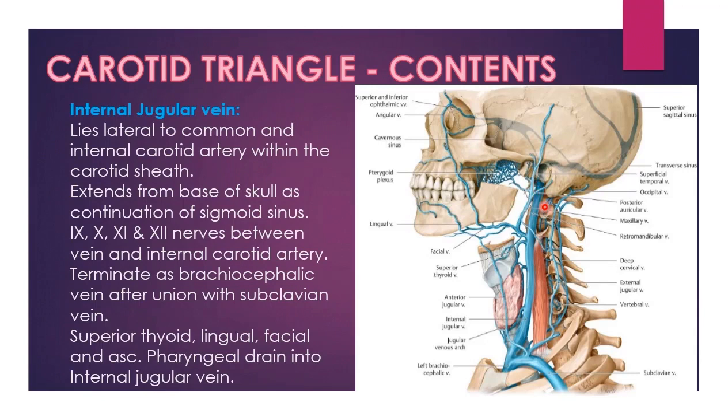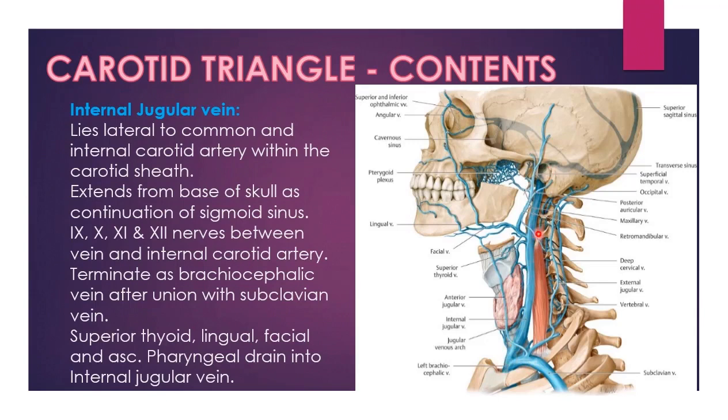At its termination it shows another dilatation, the inferior bulb of the internal jugular vein, and it joins with the subclavian vein to form the brachiocephalic vein.